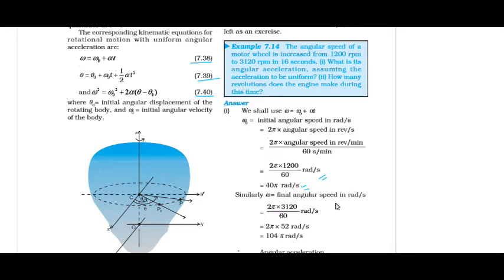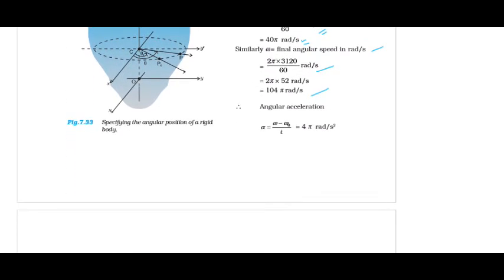Similarly, omega is the final angular speed in radian per second, that is 2 pi multiplied by 3120 upon 60 radian per second. Upon solving we get 104 pi radian per second.